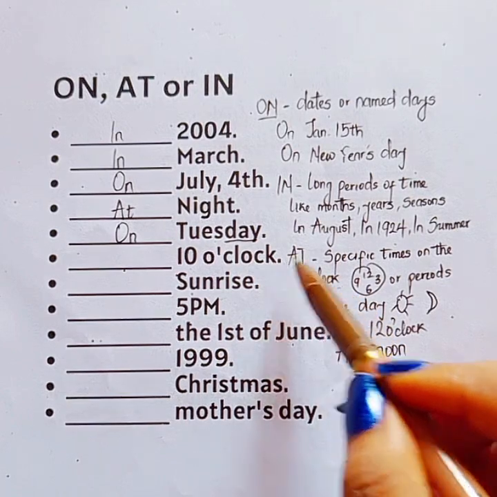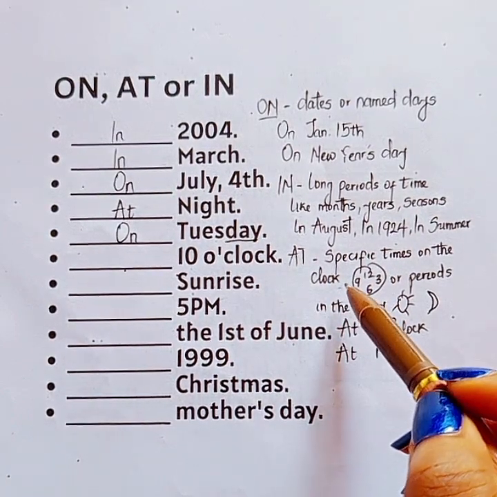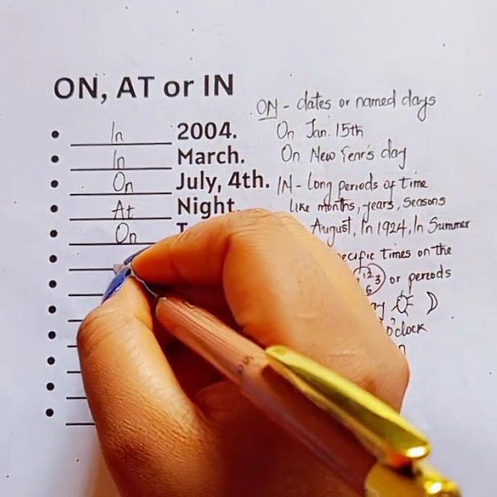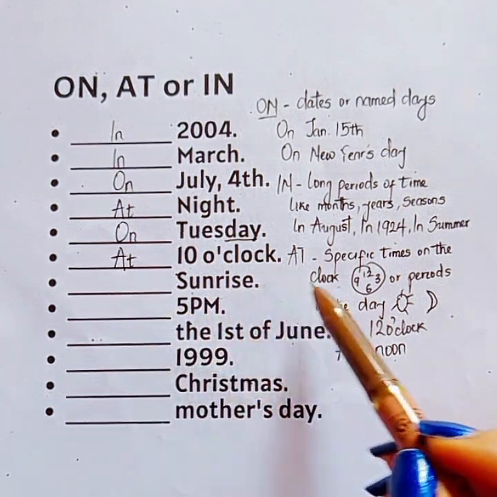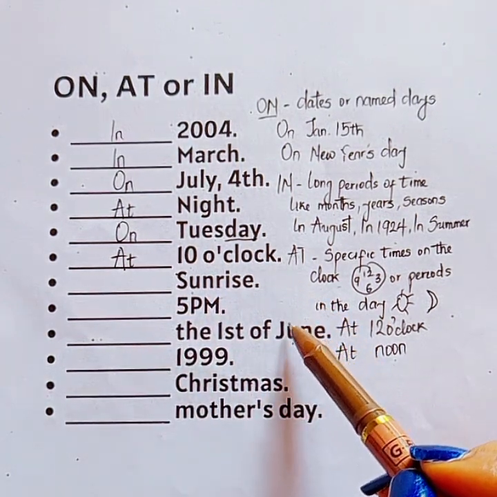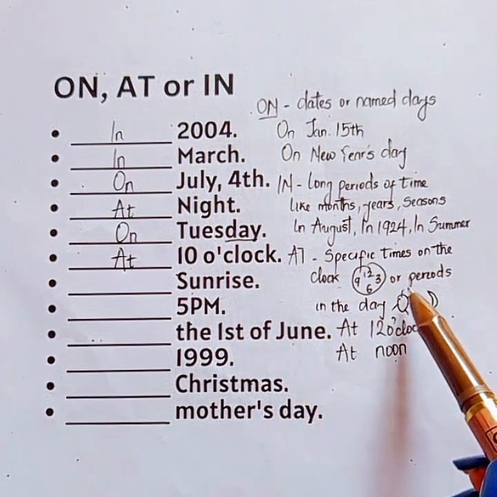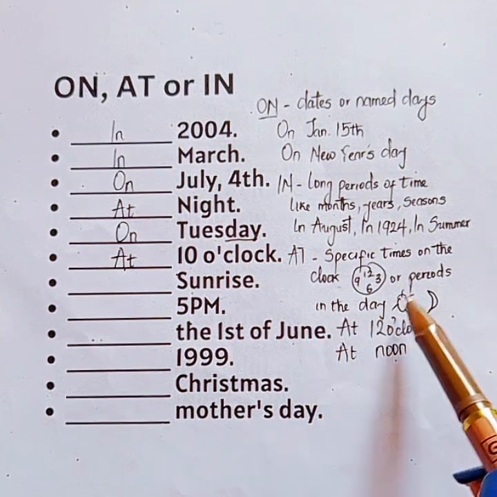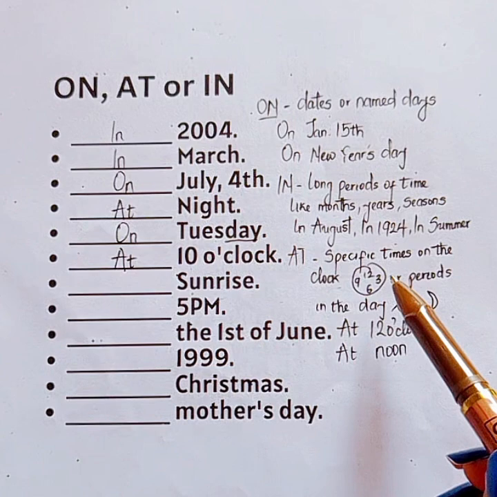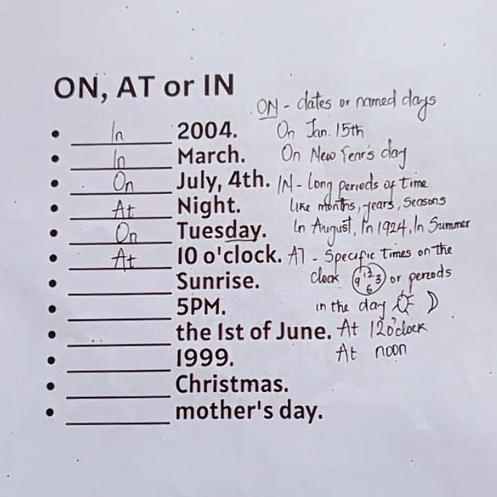And for that, we use at. So we have at 10 o'clock. Blank sunrise. Sunrise is a specific period in the day, okay? And for specific periods in the day, we use at. So we have at sunrise.